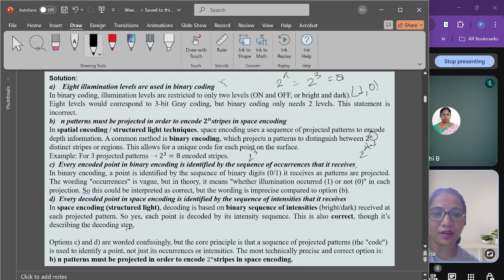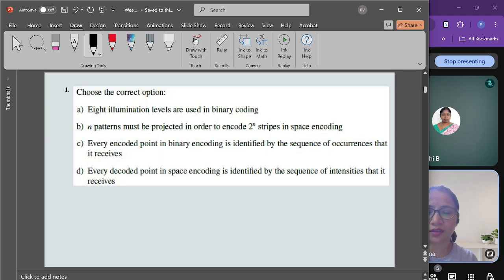So the most technically precise and correct option is option B. That is, n patterns must be projected in order to encode 2 to the power n strips in space encoding. So only option B is the correct answer for this question.